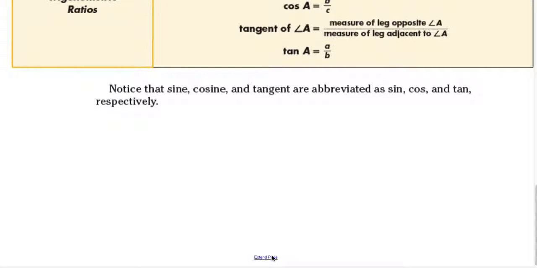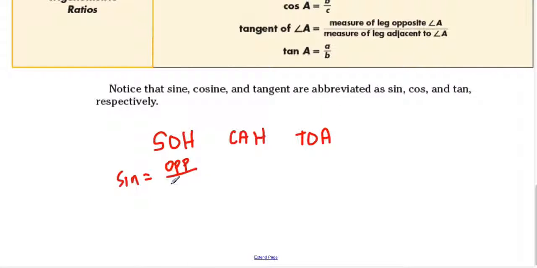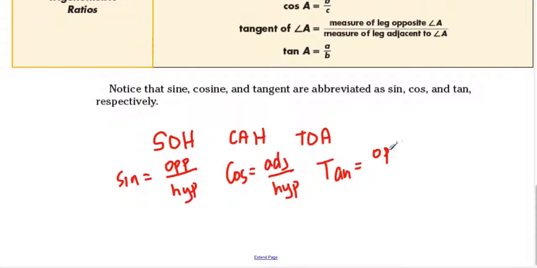But there's another method of memorizing your trigonometric ratios, and we call this SOHCAHTOA. SOHCAHTOA simply means that sine equals opposite leg over hypotenuse, cosine equals adjacent leg over hypotenuse, and tangent equals the opposite side over the adjacent side.